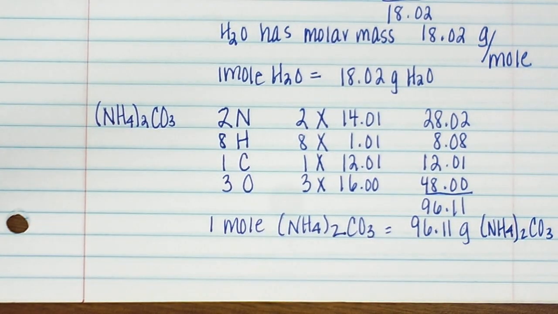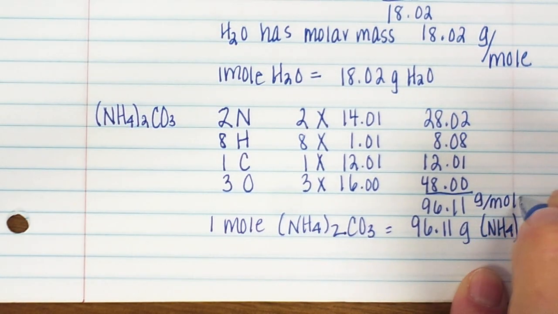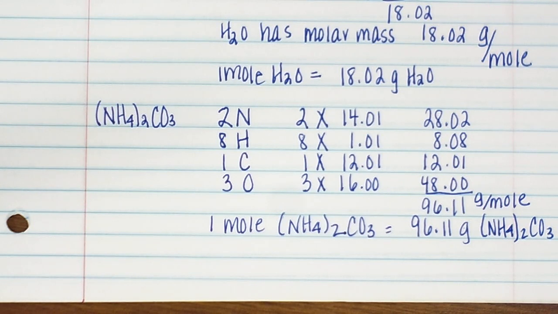Okay, so this is 96.11 grams per mole. So now I've set up my conversion factor. All right, any questions so far?